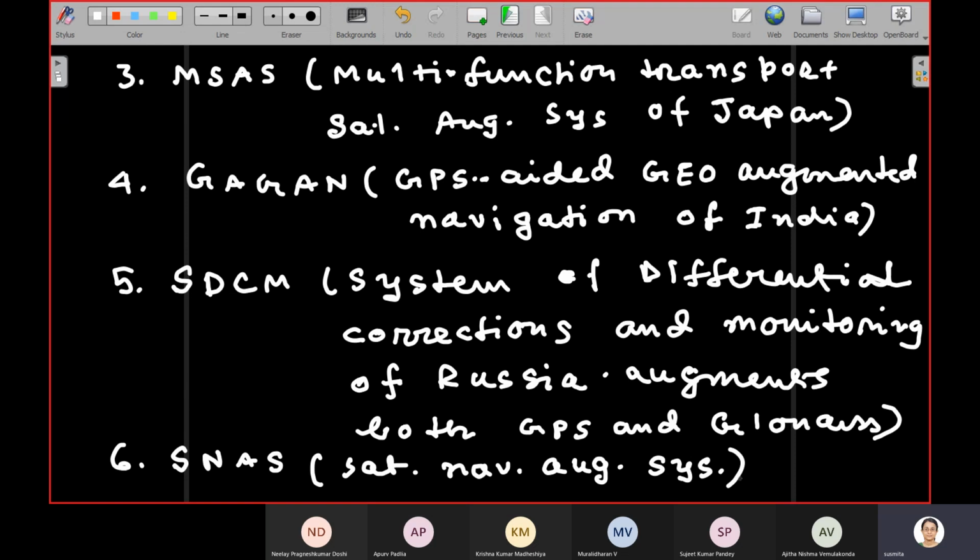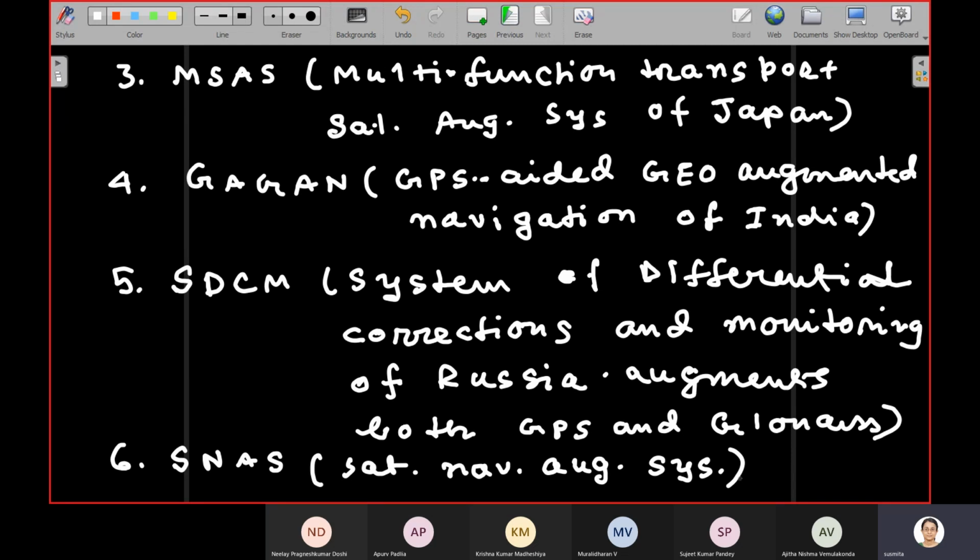Now, we see that there are different SBAS systems, right? For long-haul flights, an aircraft may have to go from one system to another. The systems were designed to be interoperable, meaning if the aircraft has an SBAS receiver, and to have an SBAS receiver, the receiver has to undergo rigorous certifications.